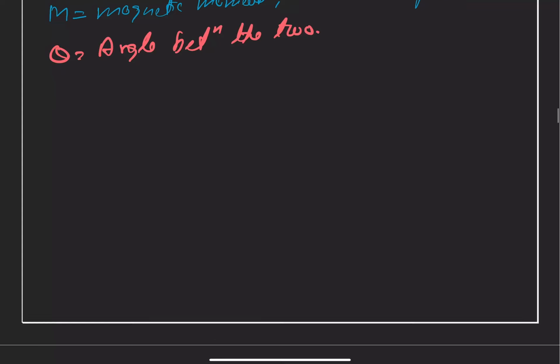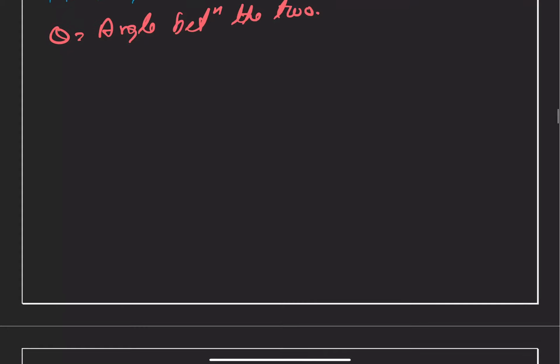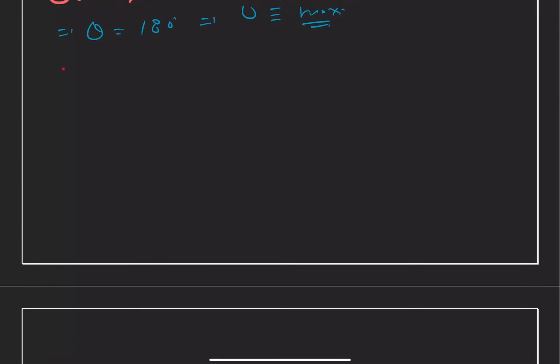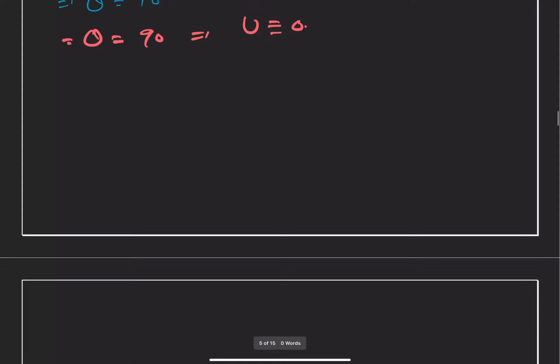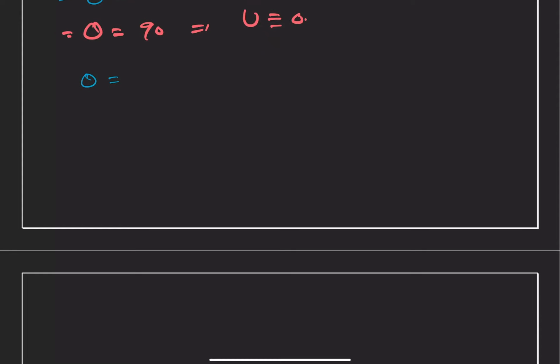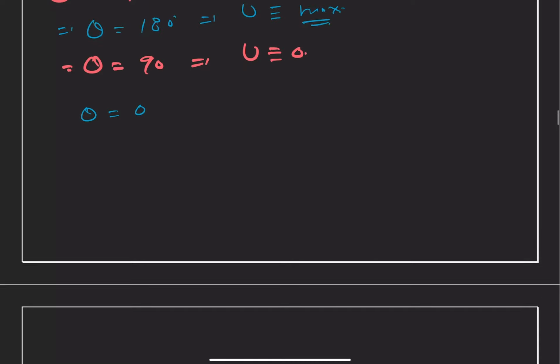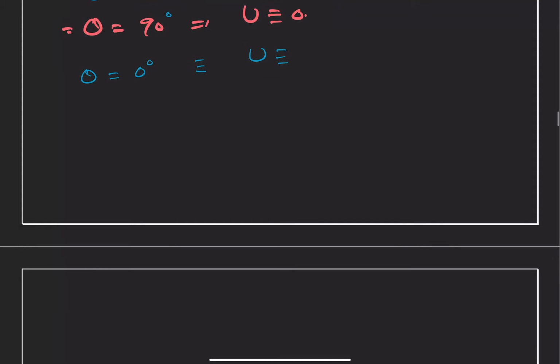So we can say, based on this theta, if theta is equal to 180 degrees, our energy will be maximum. If theta is 90 degrees, the energy will be 0, and if theta is 0 degrees, then the energy will be minimum.